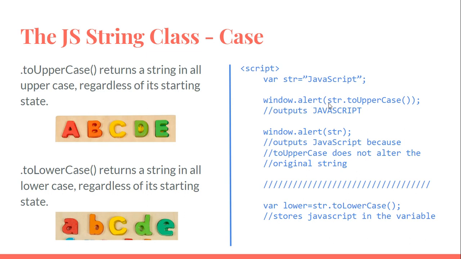If I do window.alert(str.toUpperCase()), notice it's being called off the string variable, then this would output all uppercase JAVASCRIPT. If I then alerted the original string, it will output that string as it was because toUpperCase does not alter the original string.